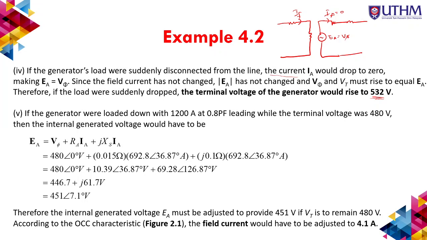EA will go back to become 532, so the terminal voltage will rise. Because it was loaded at 480, the rated value, running at 480, and suddenly it disconnects. Once it disconnects, the EA will increase to become 532 volts, equal to EA.